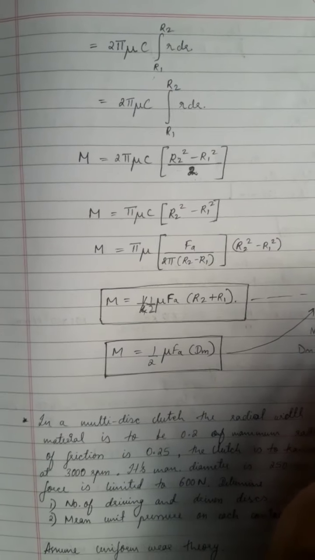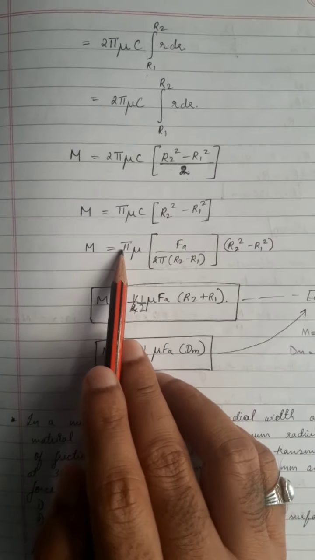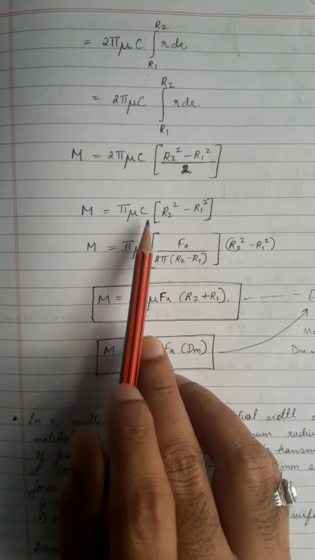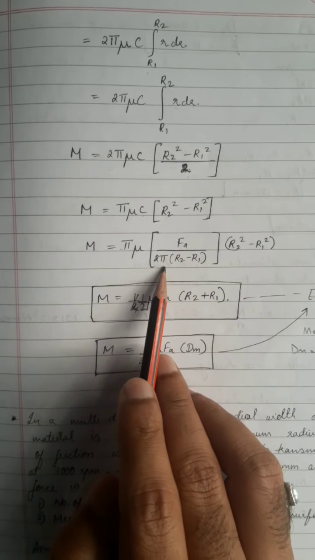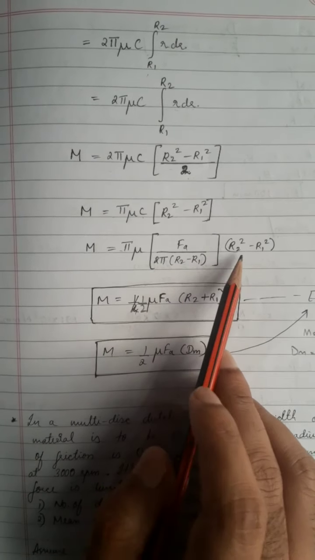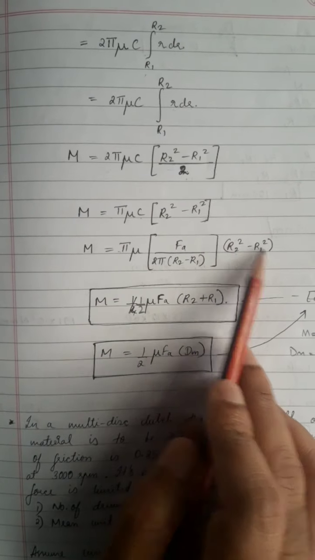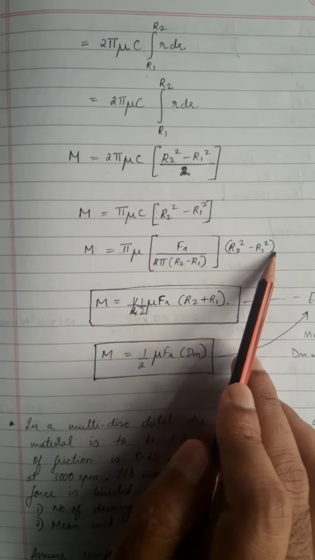The same thing is written here: pi into mu, with C replaced by Fa divided by 2 pi (r2 minus r1), into (r2 square minus r1 square) as it is.